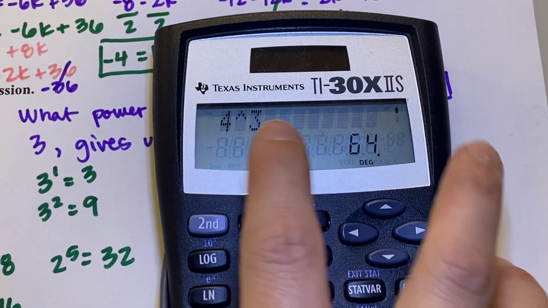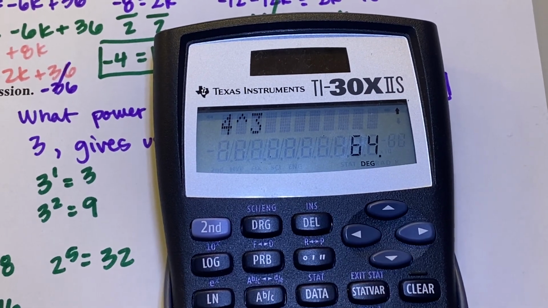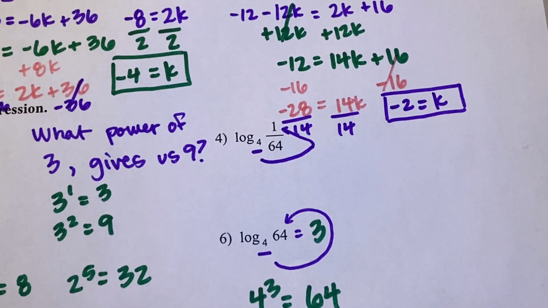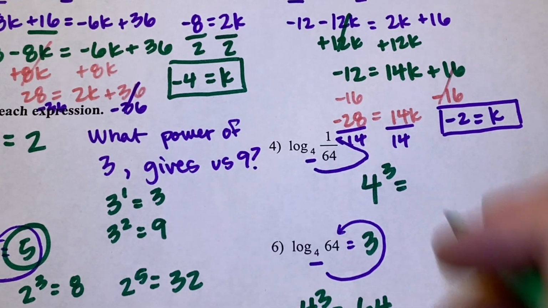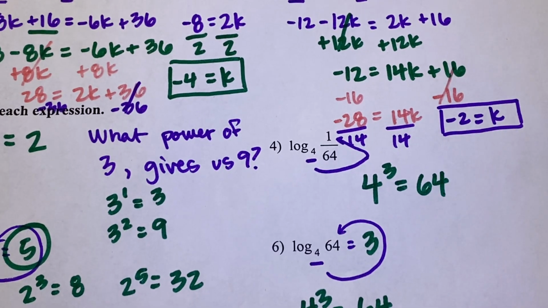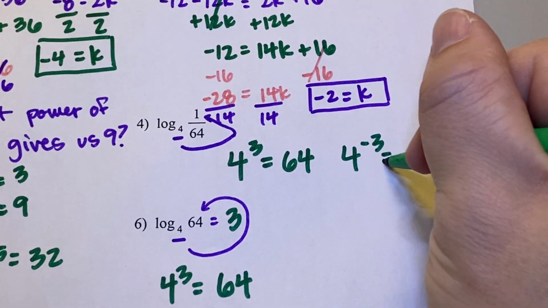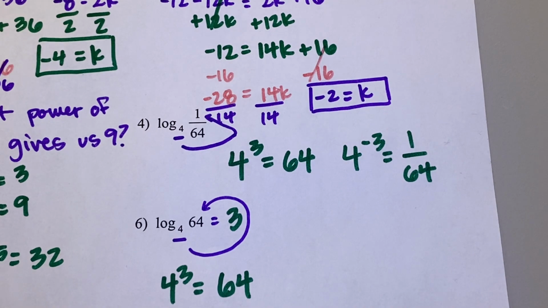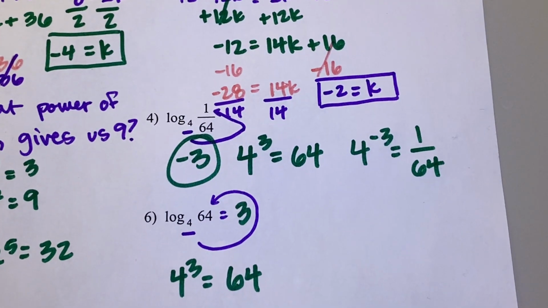Okay, so instead of positive 3 being our exponent, what does our exponent have to be? Not positive 3, but negative 3. Because 4 to the positive 3 is 64, that would mean that 4 to the negative 3 is 1 over 64. Flipped it upside down. So negative 3 would be our answer for number 4.